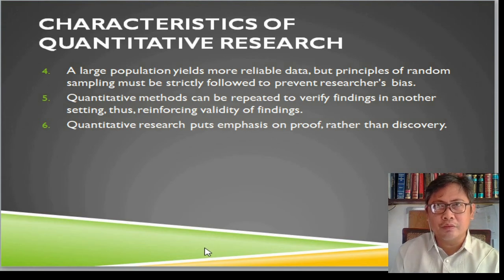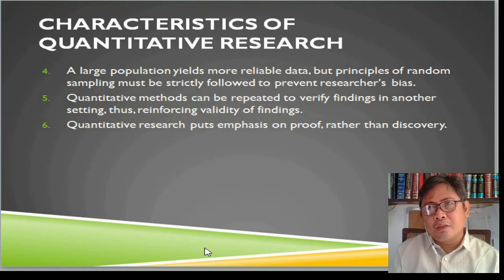That's why in quantitative research, we usually use what we call random selection in selecting the samples using stratified or systematic random sampling, which is what we call the probability random sampling.